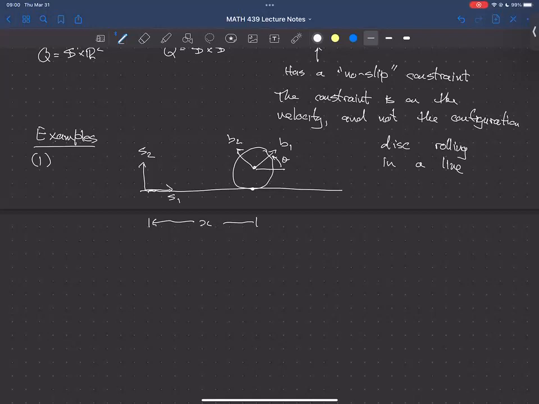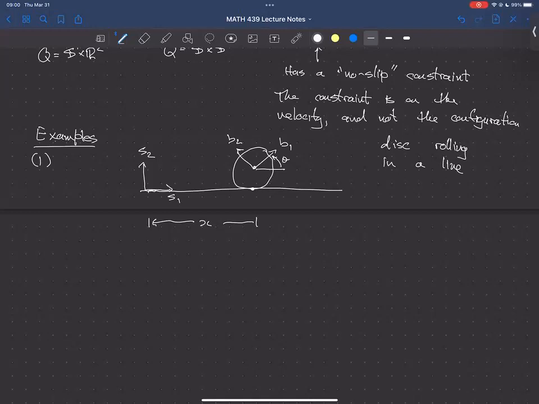Someone want to give one of the two reasonable answers? Yeah, so two-dimensional is one of the two reasonable answers. The other reasonable answer is one-dimensional.